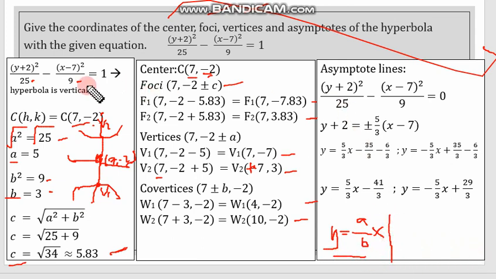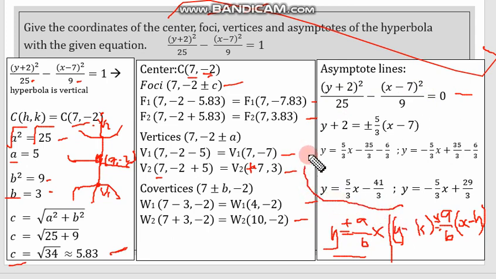But this time the center is at (h, k), so y minus k is equal to plus or minus a over b times the quantity x minus h. From this equation, you can proceed to the next equation.